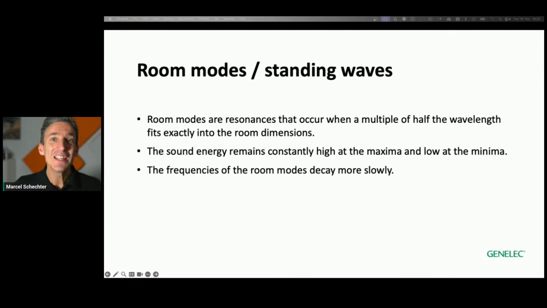The somehow evil villain of room acoustics are the room modes, or the so-called standing waves. This is just a very short definition. I don't go into the details. Actually, it's about you have a wavelength that is matching exactly the dimensions of your room. And then, of course, it's just traveling always between the same points.